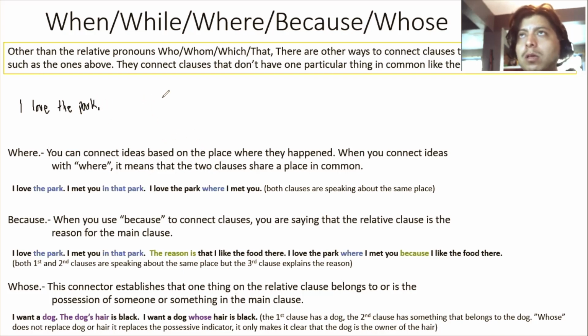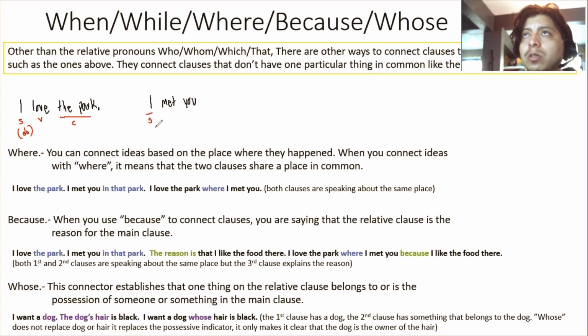The other one is I met you. Yes? So I have, again, subject. The auxiliary is do. We don't use it because this is simple present. The verb is love. And this is the complement, the park.